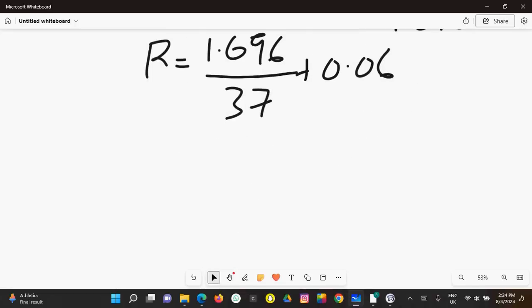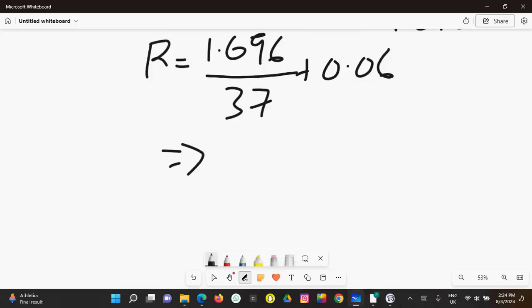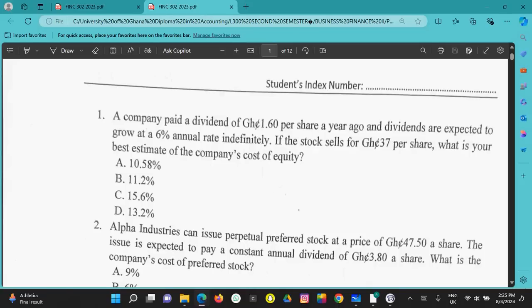So we are going to get 0.1058, which is also equal to 10.58%, right? So the answer is 10.58%, which is E. Question 1 is E.